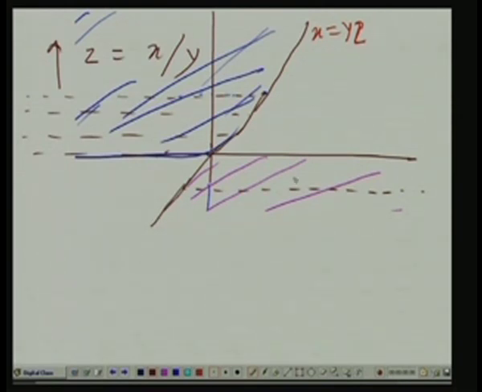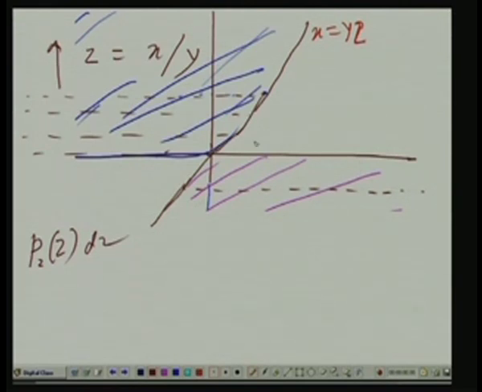For the probability density, I have to find out now what is P_Z(z). How to find it out? Let z go from capital Z to capital Z plus dz. What is the probability of z falling within these values, capital Z and capital Z plus dz? That by definition is given by this function times dz.